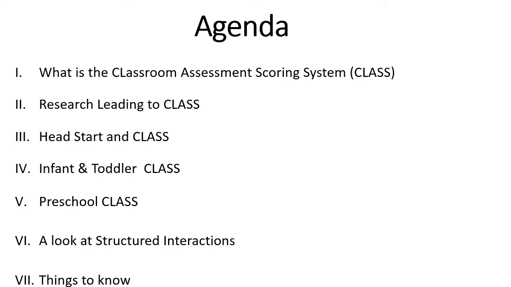The third point is CLASS in Head Start, why it is that we use CLASS, and then we're going to review the infant and toddler CLASS tool, and then the preschool CLASS tool, and then we're going to look at structured interactions, things that you can do throughout the day to make it a better day for the children to learn. And then we're going to cover a little bit of things to know.